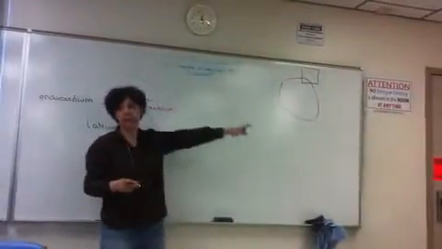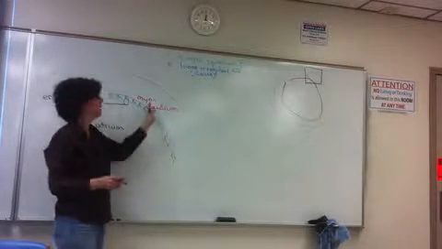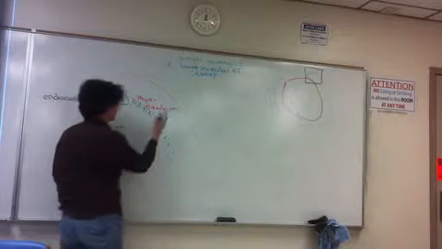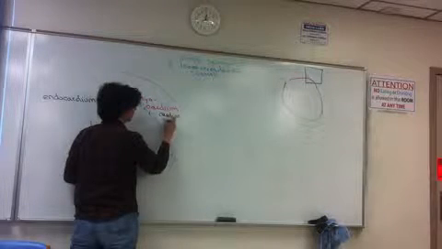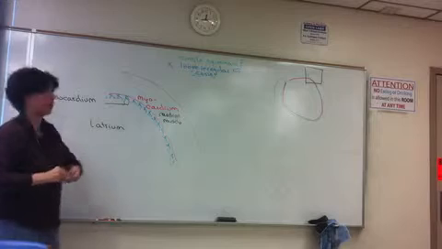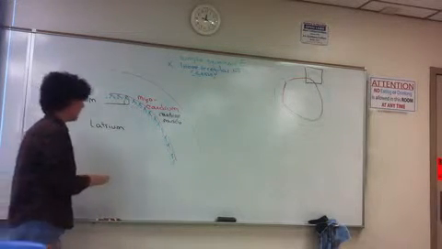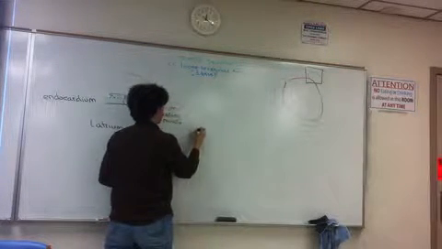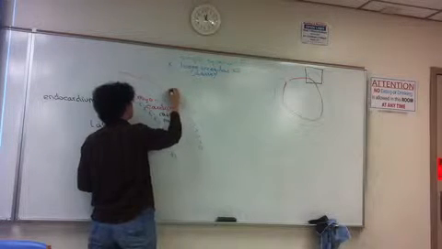So now we're going to talk about the pericardium. All right, so the inner lining is endocardium. Then we have the muscle, which is myocardium. And this is cardiac muscle. And then we have the pericardium. Visceral pericardium is going to be attached to the surface of the heart with loose connective tissue.